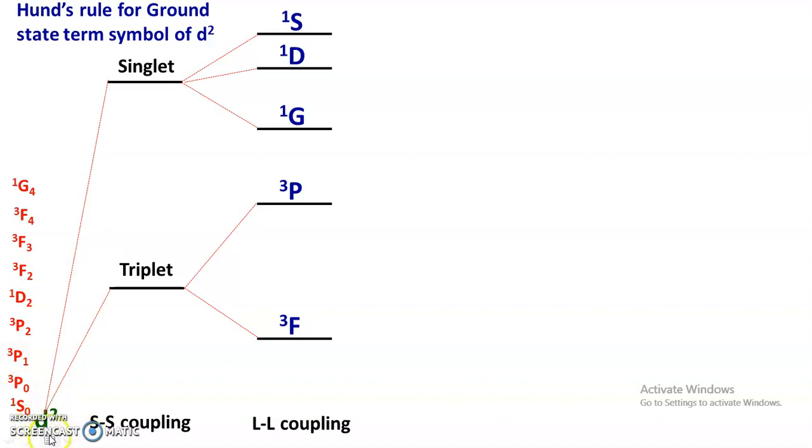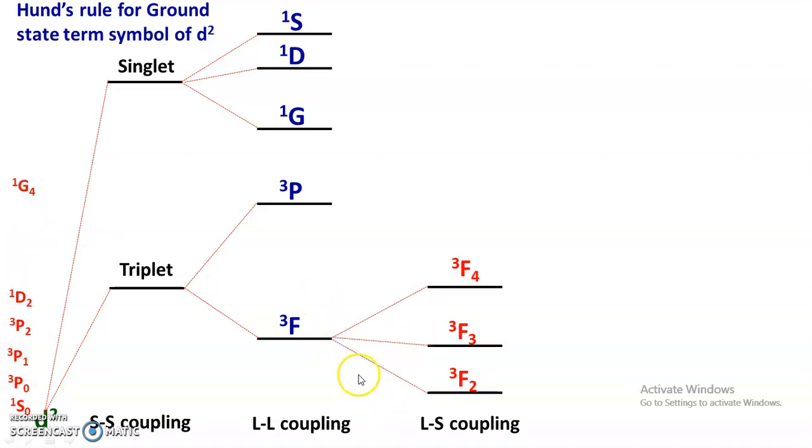In d2 configuration, the subshell is less than half filled, and therefore out of 3F4, 3F3 and 3F2, the 3F2 term will have the lowest energy, then 3F3 and 3F4. So after LS coupling, the F term splits into three term symbols, 3F2, 3F3 and 3F4, and 3F2 has the lowest energy because its J value is least among these three.